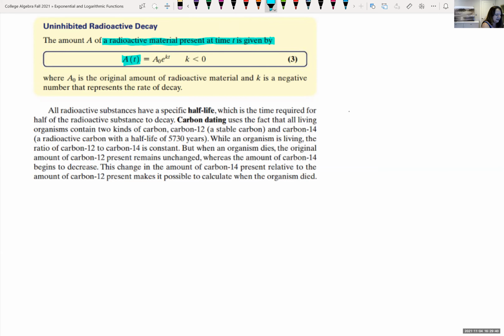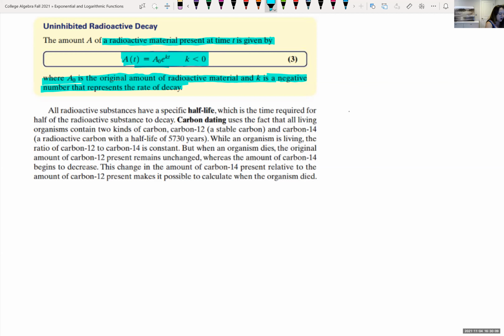A sub t is equal to A sub 0 e raised to the kt power. It's a decay rate, and so decay, remember, our k value is a constant and it would have to be negative, less than 0. So A sub 0 is the original amount of the radioactive material, and k is the negative number that represents the rate of the decay.